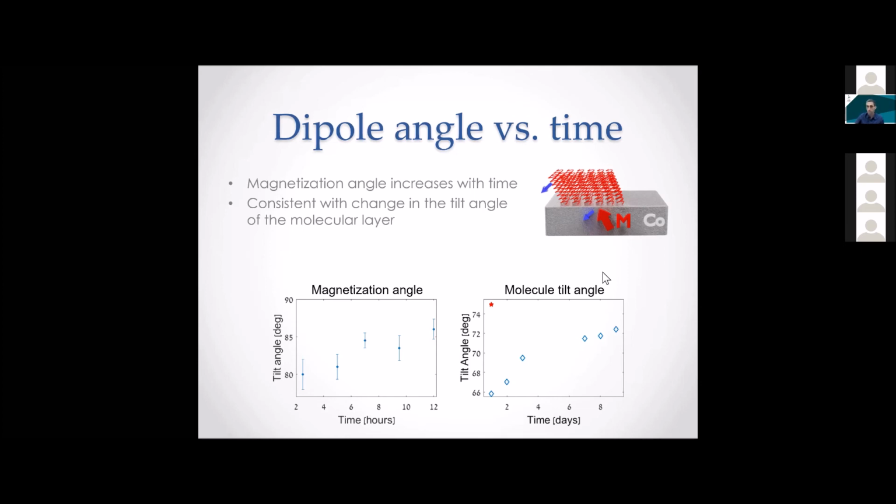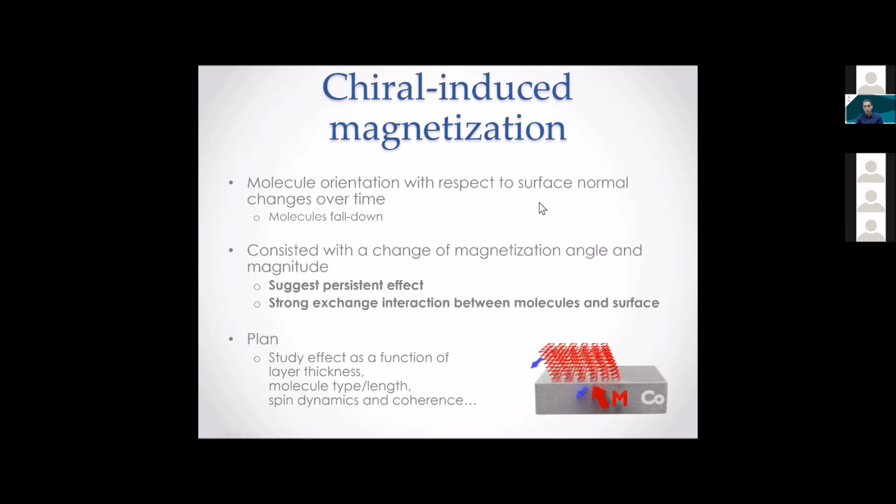And therefore, it strongly suggests that this effect, the magnetization effect that we're seeing, is a persistent rather than transient effect. So summarizing what I was saying so far, I think that the results that we've shown demonstrate that in this system, the molecules change orientation over a time scale of hours, falling down to the surface, and corresponding to that, the magnetization of the sample follows suit, also changes orientation from out of plane to in plane.